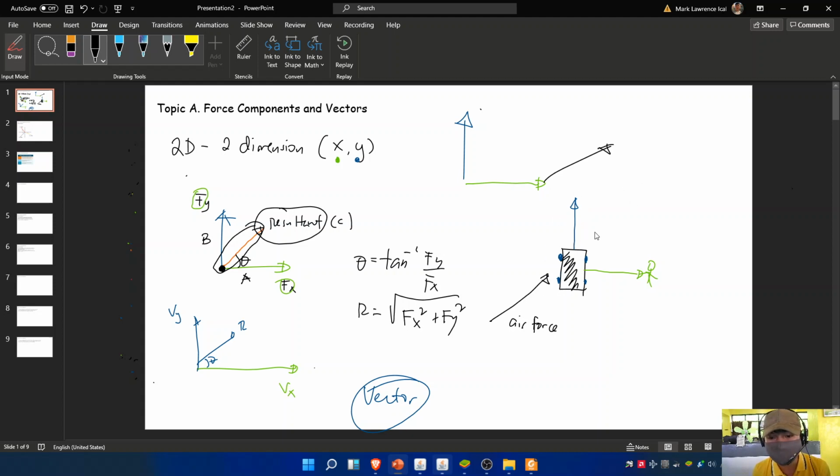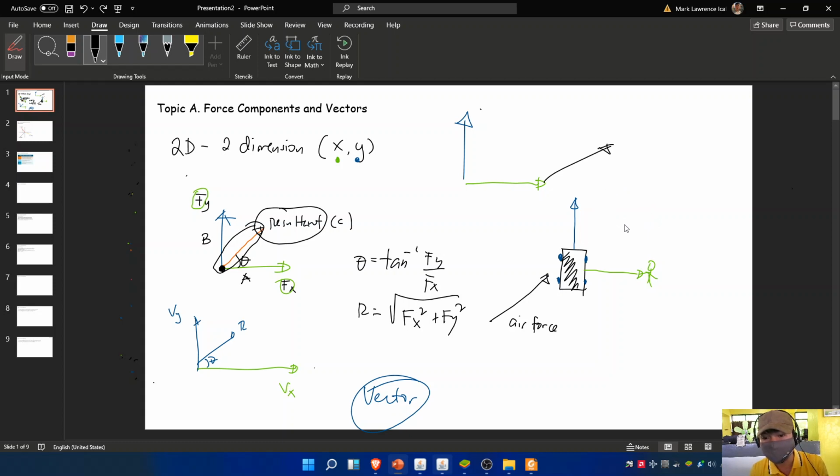So the question is, what is the direction of this object? Will it tilt? Will it move here, or will it go straight, or will it tilt a bit, or will it go say this way? Right? Okay. So sa isang tingin, parang napaka-imposible naman na pumunta dito yung object, di ba? Imposible.